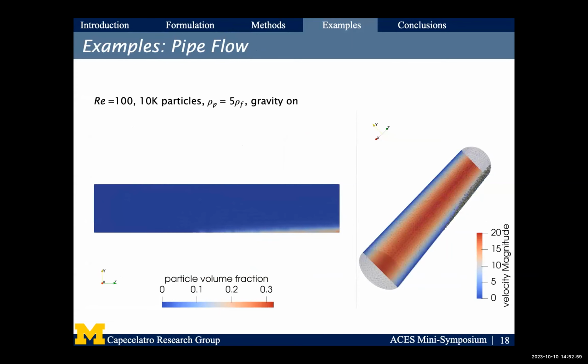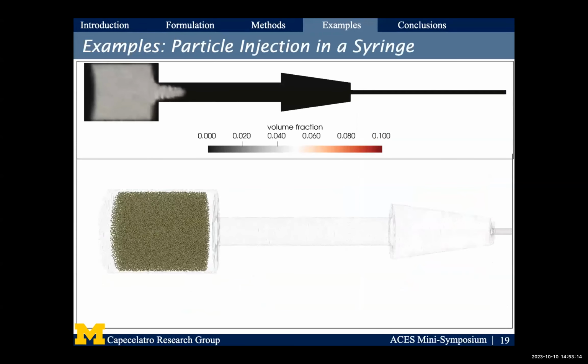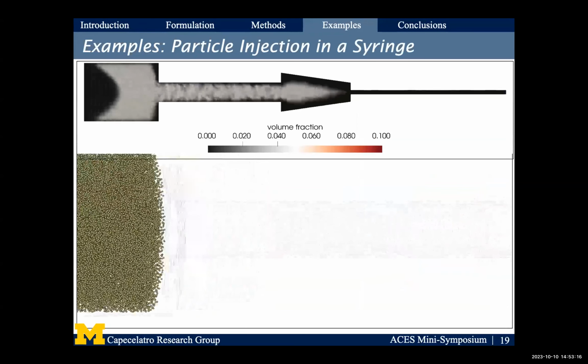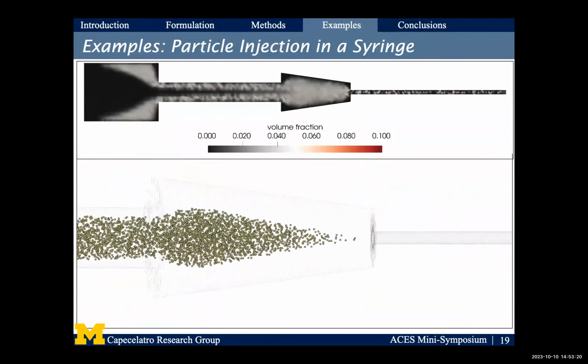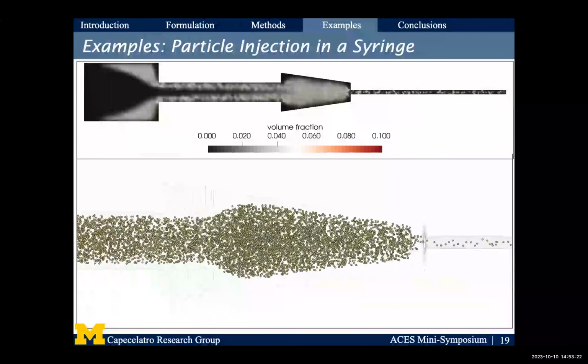This is just showing a small three-dimensional pipe. You can see here that we have a clump of particles that we start with, the flow goes through, and you can see that the velocity is impacted by the presence of those particles. This is a project we have with Merck, who's interested in testing different drug formulations in a syringe.